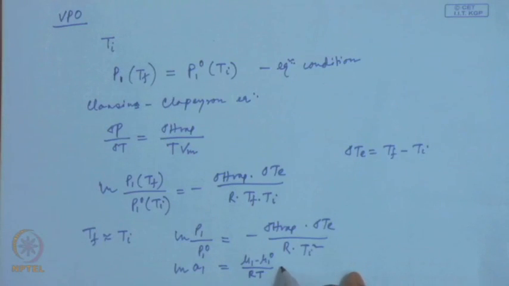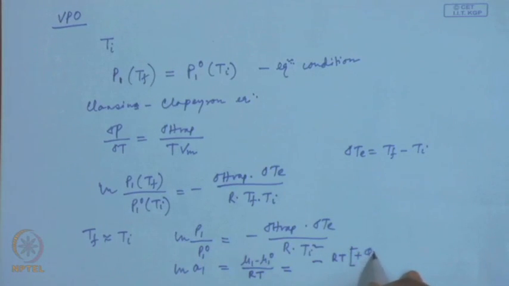Now, from the Flory-Huggins equation we can write mu 1 by mu 10, as in the earlier case we have seen from the osmotic pressure experiment.